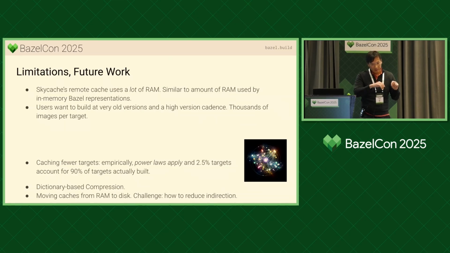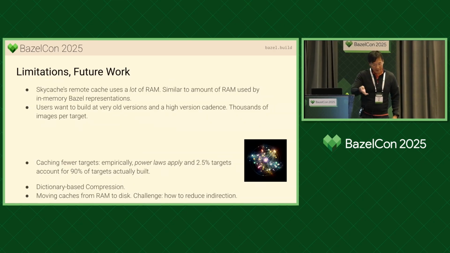So we use something like memcached to avoid adding too much latency to multiple round trips over an RPC connection. And RAM is expensive.